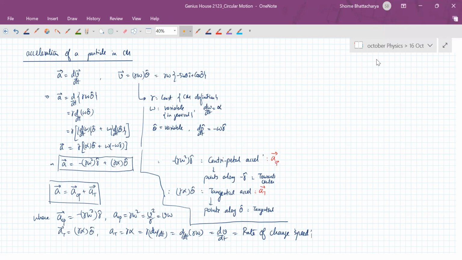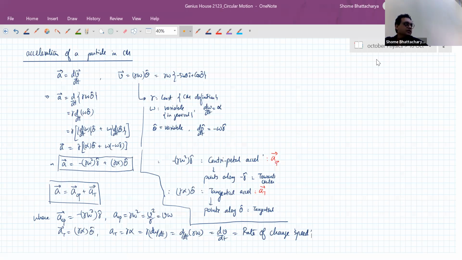But for example, with this chapter you can have questions like this: what is the relationship between speed and angular speed? The answer is v is equal to r omega. Or a simple question is given that the minute hand of a clock has how much average angular speed. Tell me how much that is.